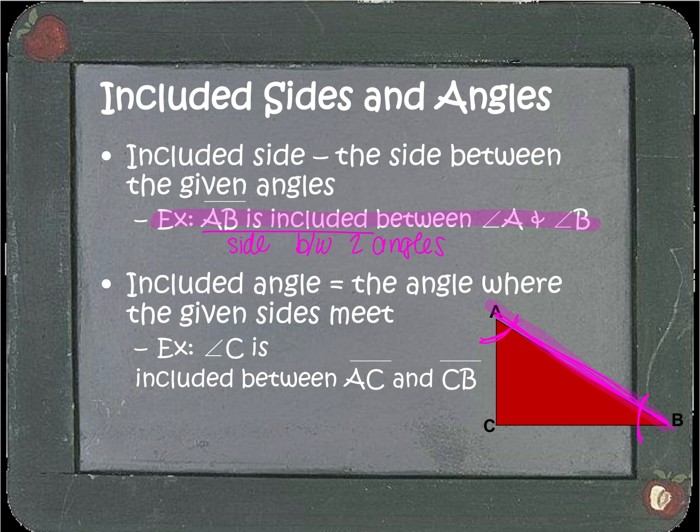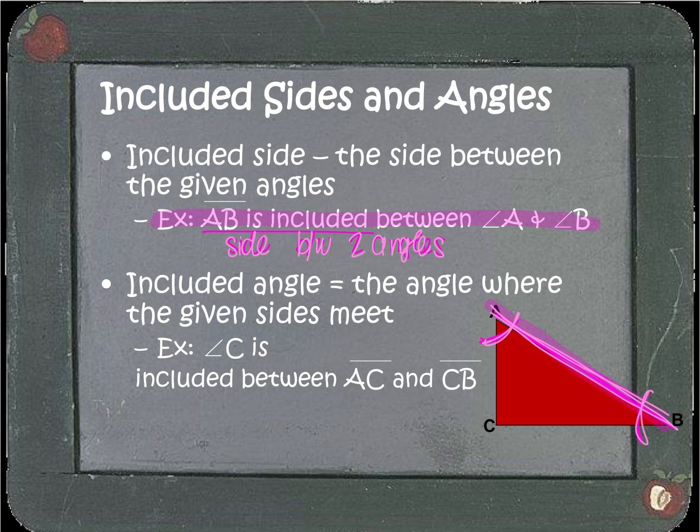Let me see if I can use a little different color. It's the side between the two angles. So it's the side, segment AB, that's in between my two angles. Keep in mind if it was somewhere else, if the side was, let's say, right here, that would not be considered the included side. It has to be the side in between the two angles.